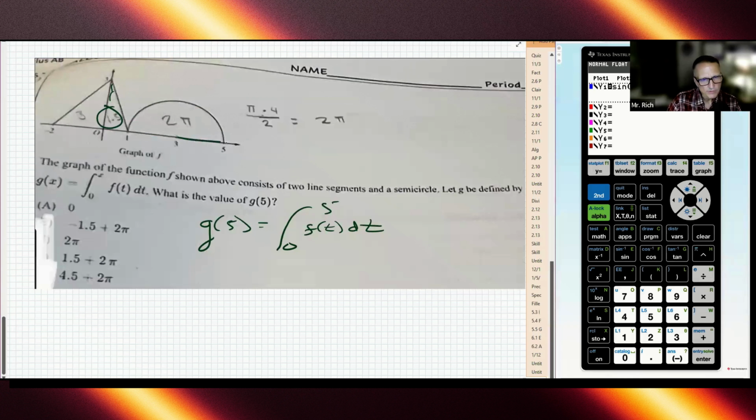This is a radius of 2, so the whole circle is 4 pi, but it's half of a circle, so it's 2 pi. So 2 pi plus 1.5. That's it right there. Adding those two areas. Did I miss something? That seems too easy. No, that's it. Taylor was just trying to give me a rest there, give me a nice, easy softball question.